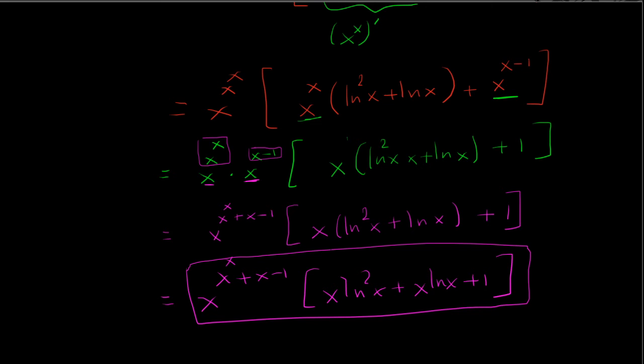All right. Next, we're going to be looking at finding derivatives with three x's as the exponent. Okay, what if you have x to the x to the x to the x? So this craziness.